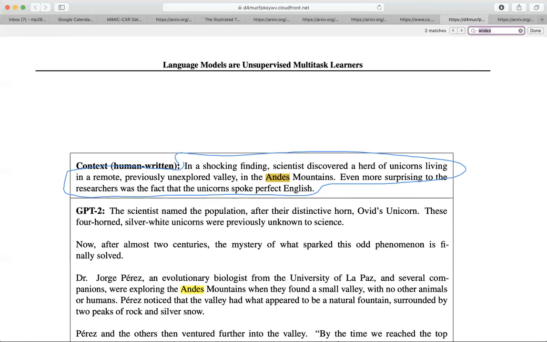Basically, given a human cue, try to finish this article. That's what the OpenAI people told GPT-2 to do. And the result is just shocking.